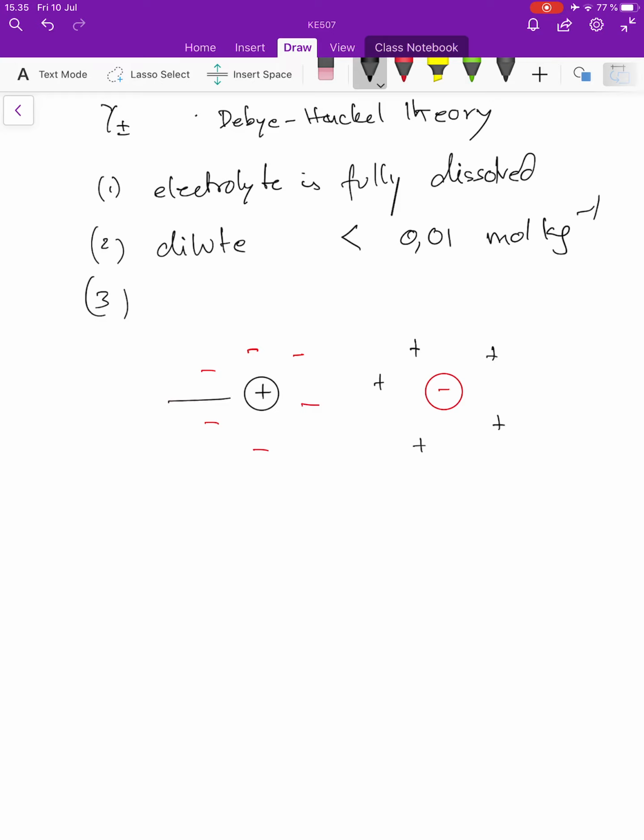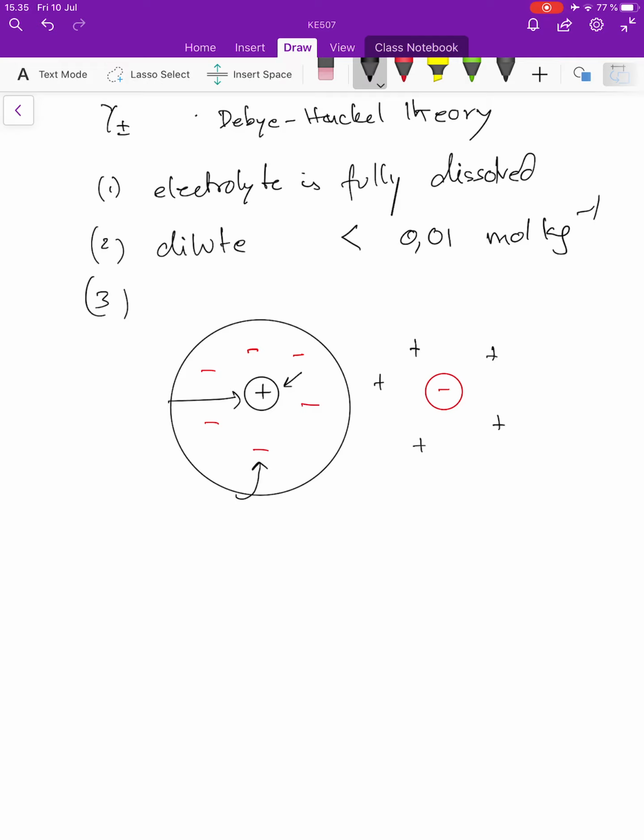So the chemical potential of this cation is reduced by the atmospheric charge around this cation, and the charge of a single cation is approximately equal to the total charge of the surrounding ions.